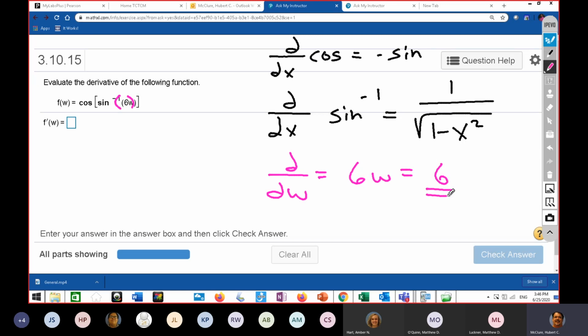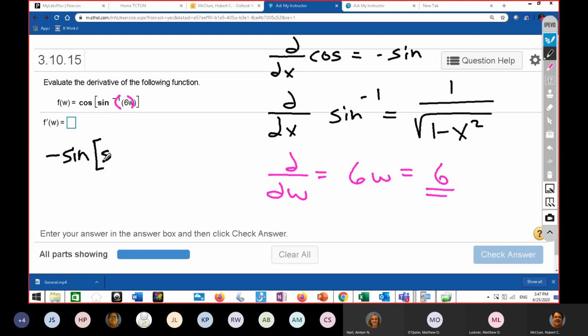Now, you just need to write it as you're doing it. What's the derivative of the cosine? The derivative of cosine is the negative sine of the bracket. I've got to do the 1 over.